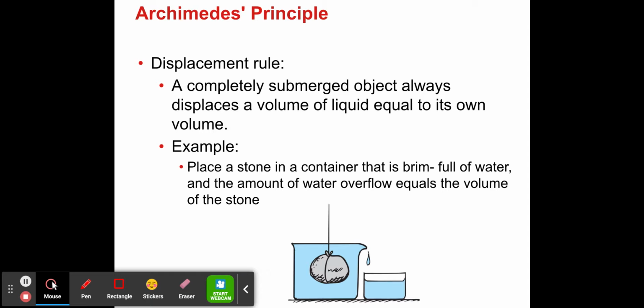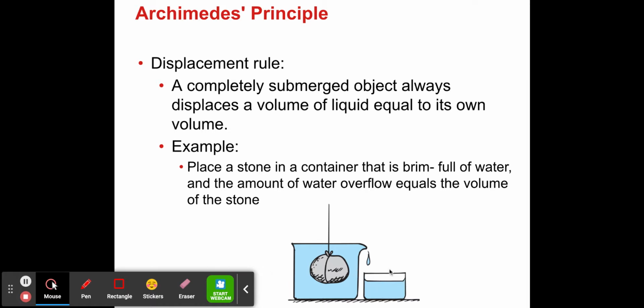So with Archimedes' principle, there's what we call a displacement rule. A completely submerged object always displaces a volume of water equal to its own volume. Okay? So if you put a stone into water that was full, you realize that as soon as you put that stone, you can collect the water that is going to flow into a different container.